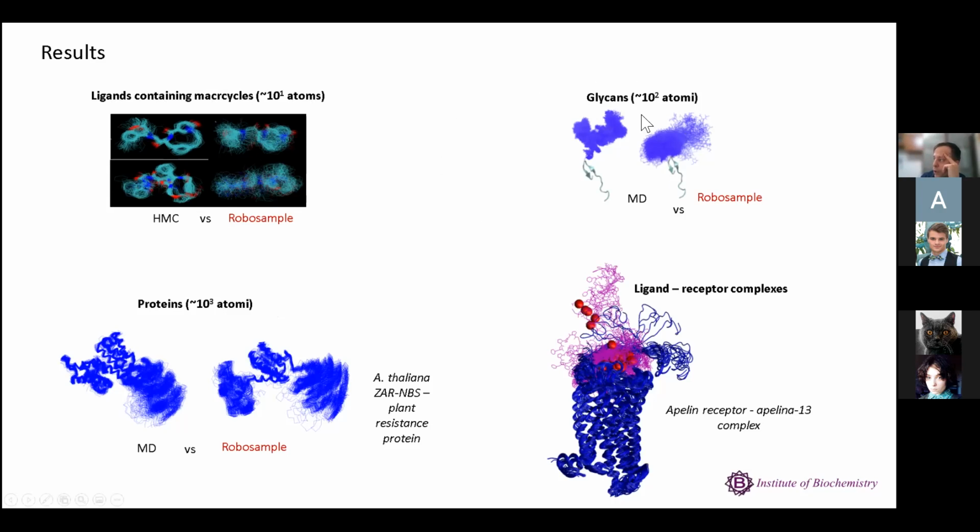Another case that we showed is that we get a better sample in the same amount of computer time. It was the case of glycans that are bound to proteins. Yet another case, these are still to be published, are big domains of proteins that move in relation to one another.